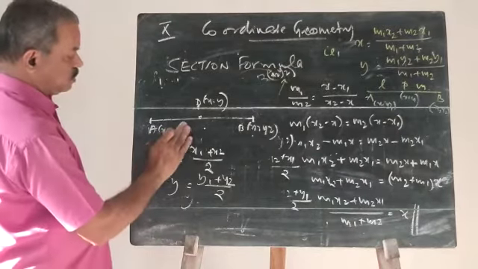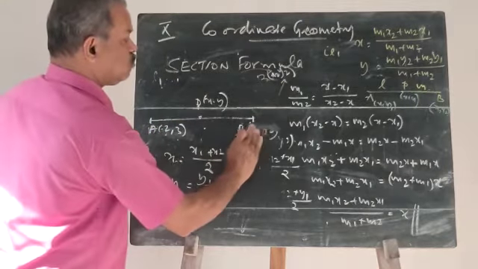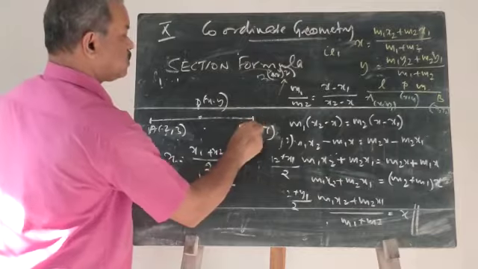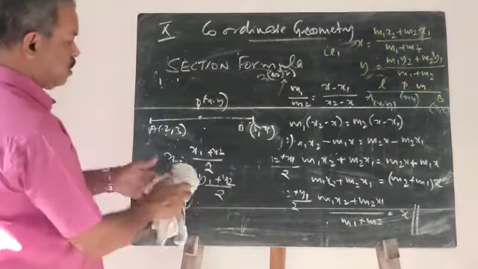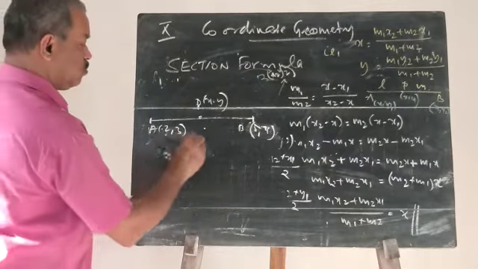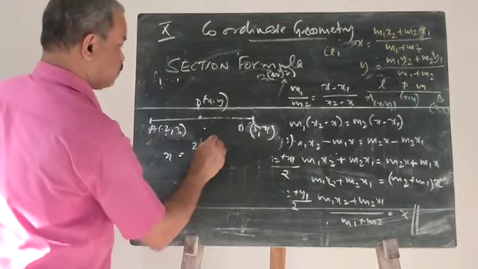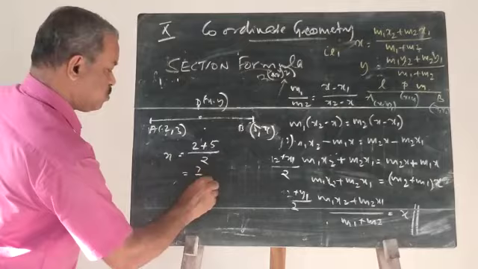Suppose instead of (x1, y1) we take (2, 3) and (x2, y2) is (5, 7). What are the coordinates of its midpoint? X equal to (2 plus 5) by 2 equal to 7 by 2.